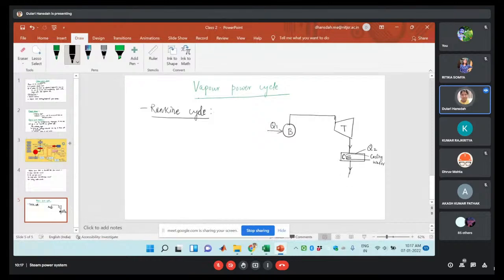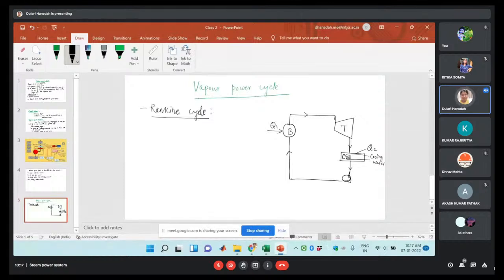Then there will be the feed pump. The feed pump will be utilized to pump the low pressure and low temperature water to the boiler. So this is the working cycle for the theoretical power cycle, that is the Rankine cycle.